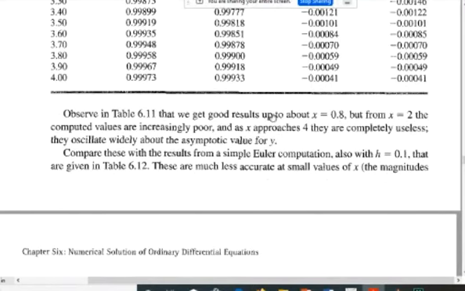We get good results up to about x = 0.8, but from there the computed values are increasingly poor, and as x approaches 4 they are completely useless. They're no longer beneficial for our differential equation.